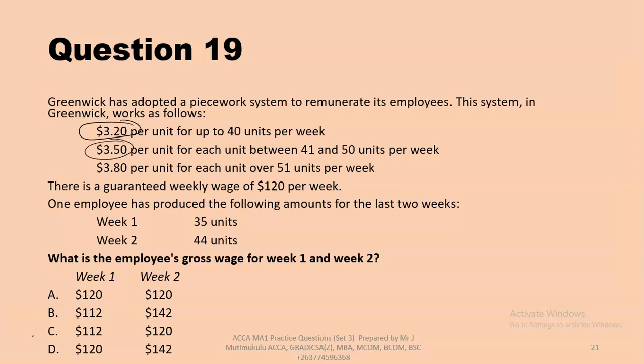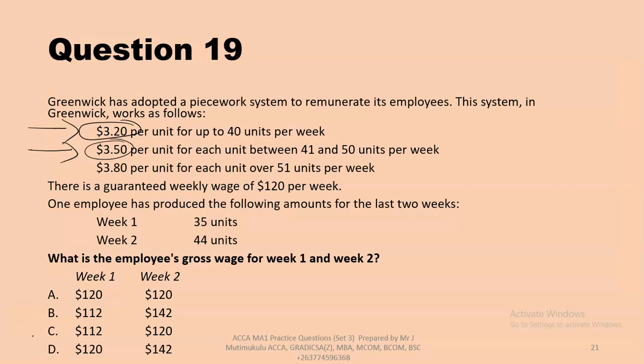Are we together? It doesn't mean that you are going to be paid $3.50 for all the units from 1 to 50. No, it doesn't work like that. The first 40 units are paid at this particular rate. However, any additional unit is paid at $3.50 per unit.